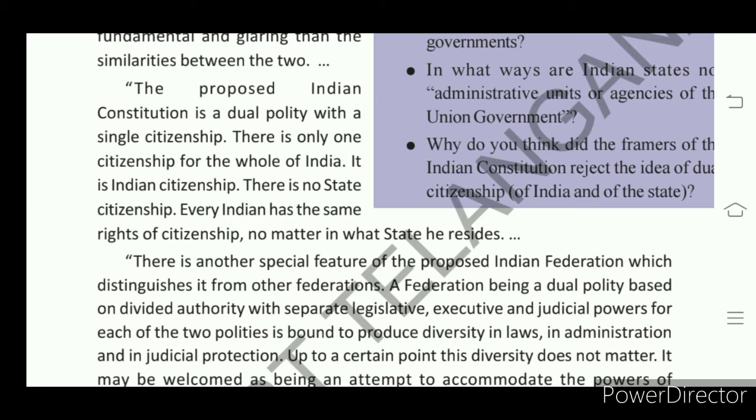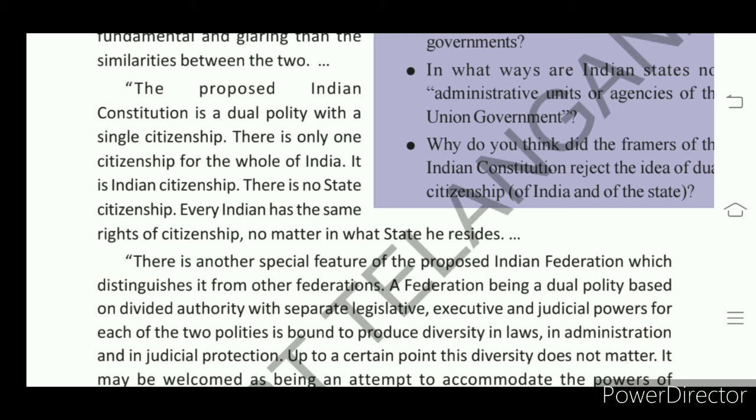And another feature of the proposed Indian Federation is that India is a dual polity based on divided authority with a separate legislative, executive, and judicial powers for each of the two polities. That means at a national level, we have certain subjects which are related to the nation.